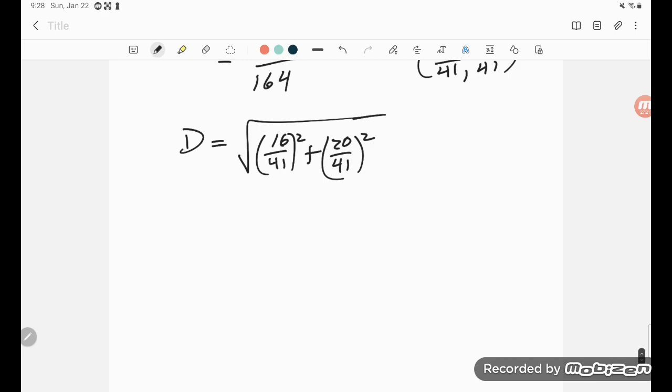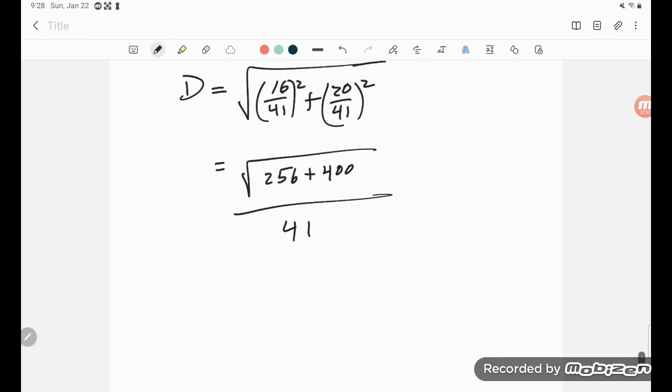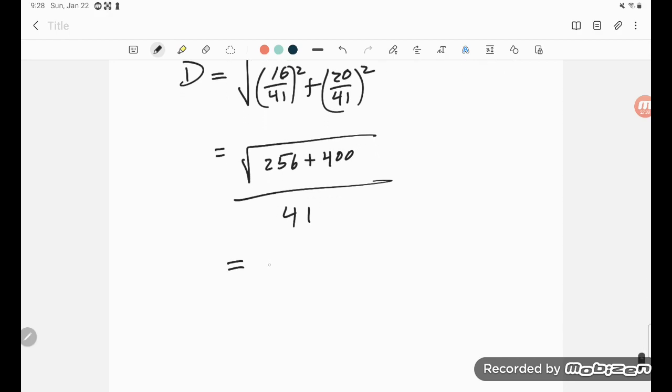And so that is the square root of 256 plus 400, all divided by 41, because again I have a common denominator of 41 squared. Take the square root of that, I get 41. So I have the square root of 656 over 41.